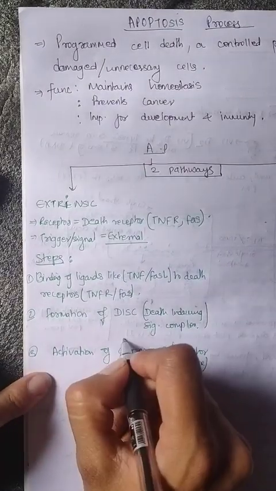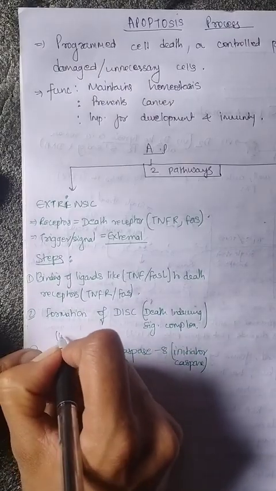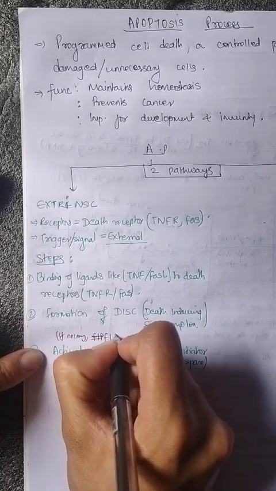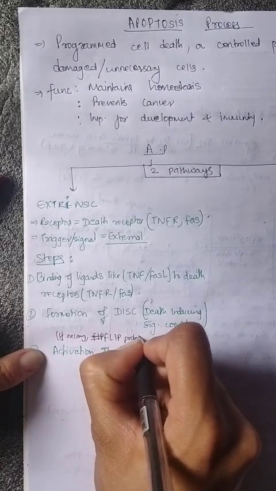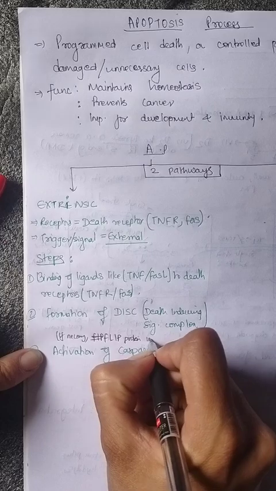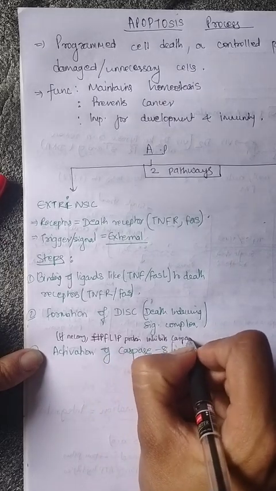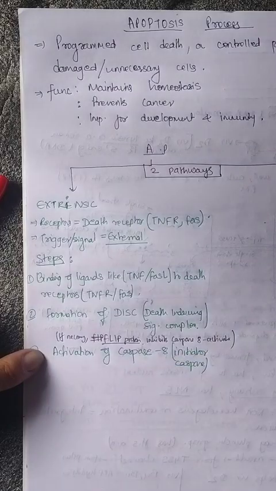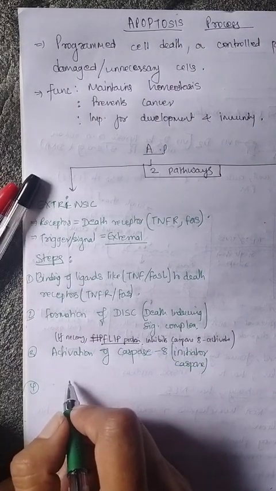Before this, if necessary, FLIP protein will inhibit caspase-8 activation. Caspase-8 activates executioner caspases directly or cleaves Bid.